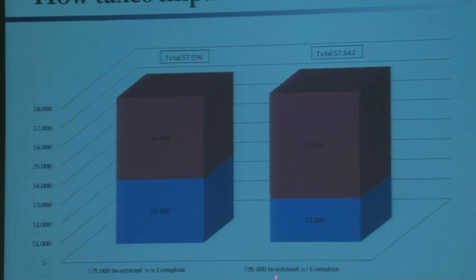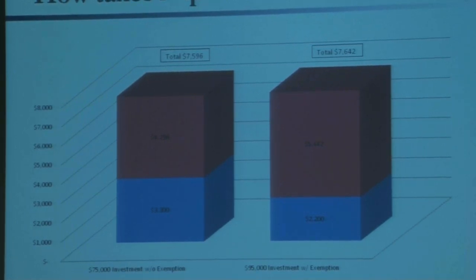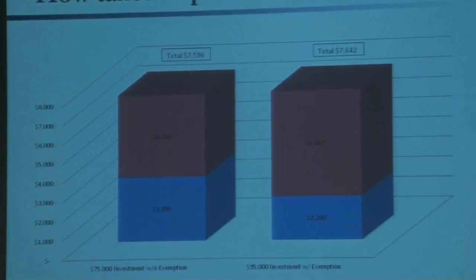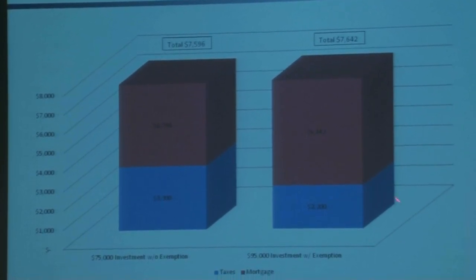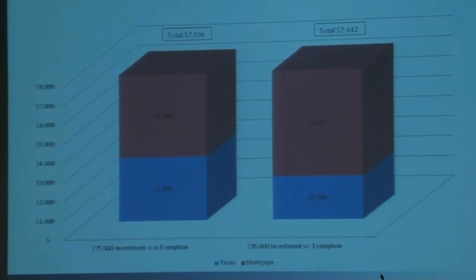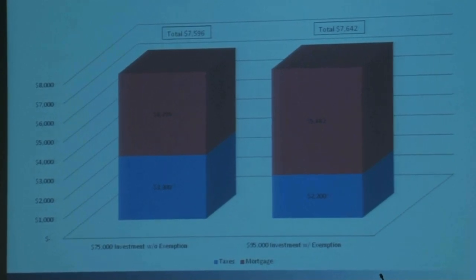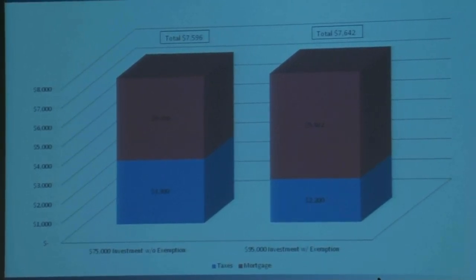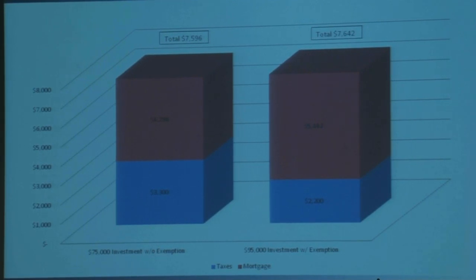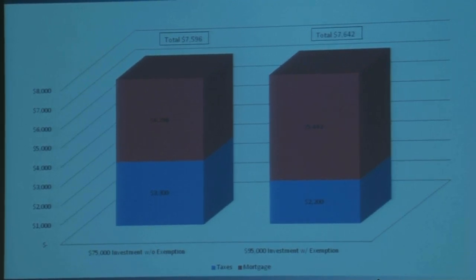I'm investing $95,000 versus $75,000. Okay? That's how taxes impact investment. It's a little backwards from a residential perspective, but the point is every $1,000 you're paying in taxes, you're not paying in a mortgage. Okay? And our intent here is to get the vacant and abandoned property reinvested and filled with people again, because I'll talk about what that benefit is.